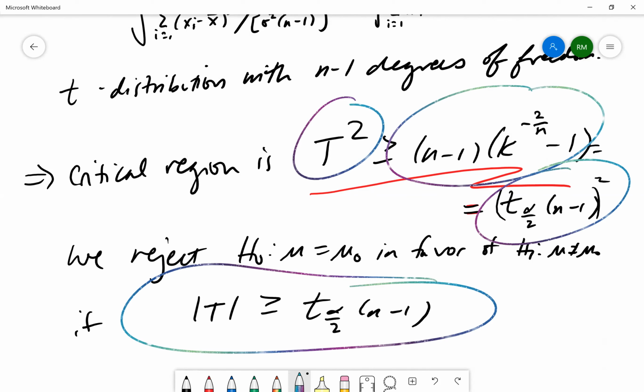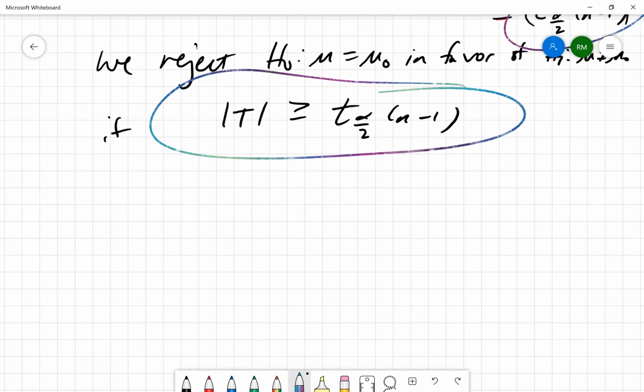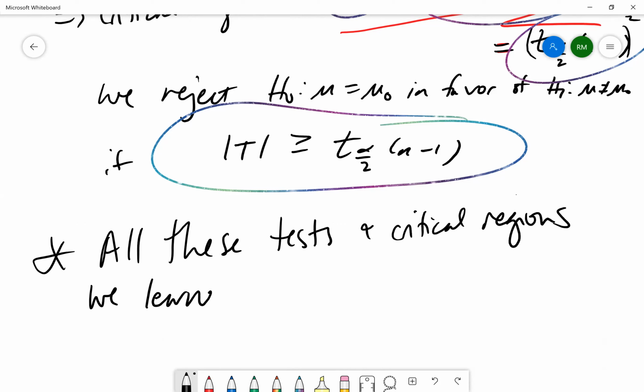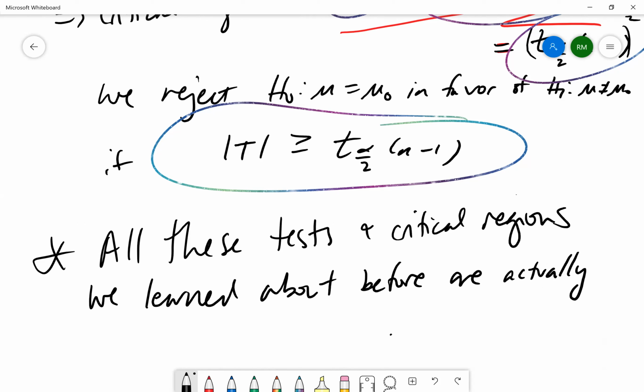And so what this is telling us is that actually all of these tests we've been doing for the mean, so the takeaway is that all these critical regions we learned about before are actually likelihood ratio tests. So all those tests from before coincide with what we learned today.